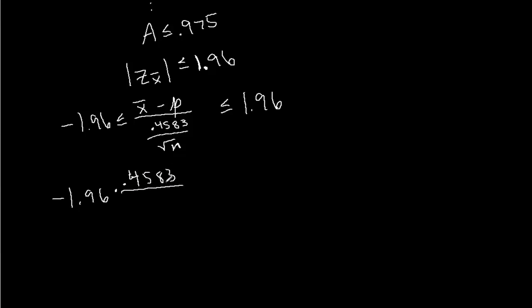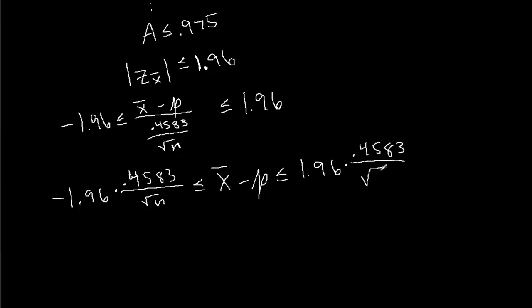0.4583 over square root of n is less than or equal to x bar minus p, which is less than or equal to 1.96 times 0.4583 over the square root of n.